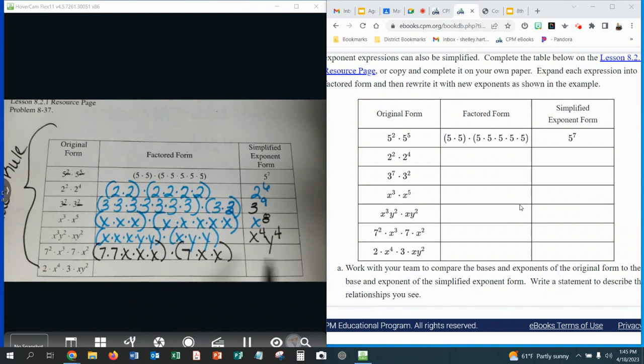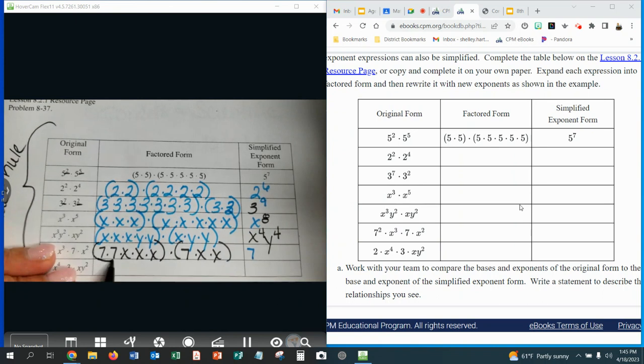What do I have in the simplified? So don't forget, we got to count up our 7. So 7 to the third power. And then x to the 1, 2, 3, 4, 5.